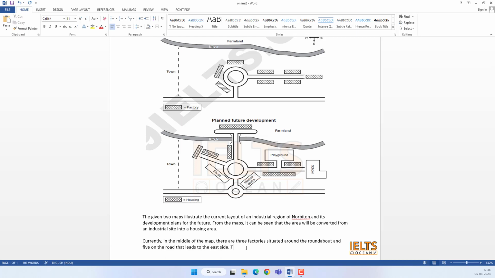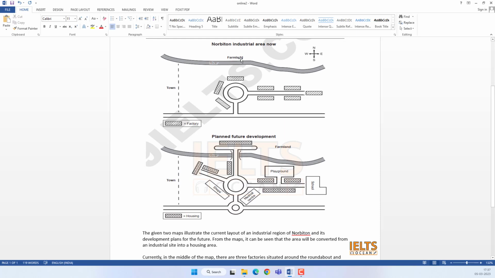Let's move further. The town is in the west, while farmland is located in the north, across the river. So, in the west there is a town, and at the top in the north there is farmland.